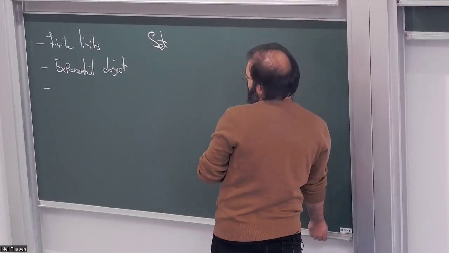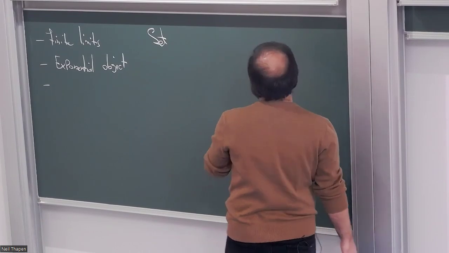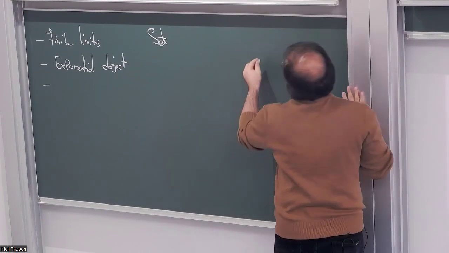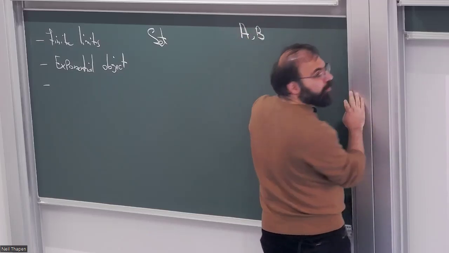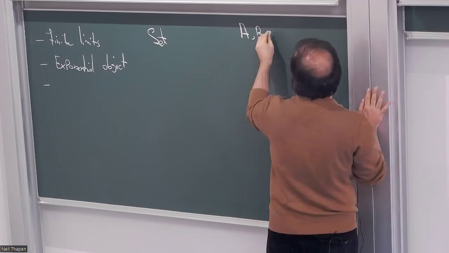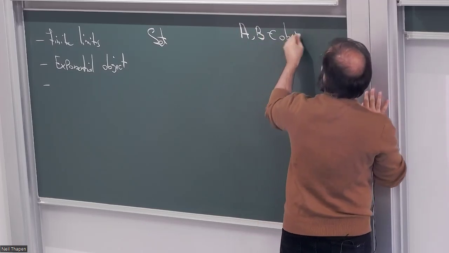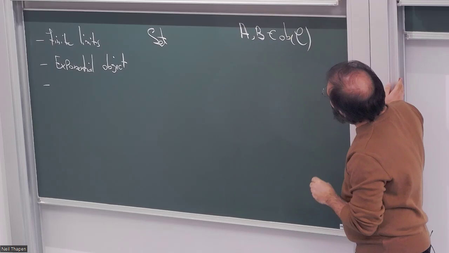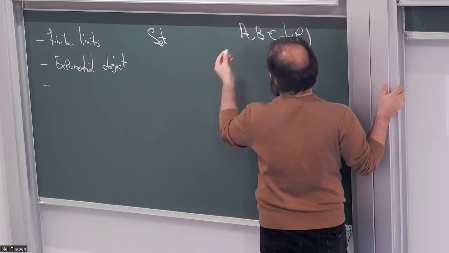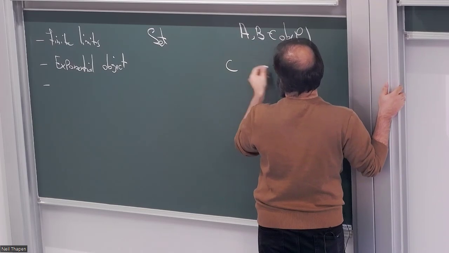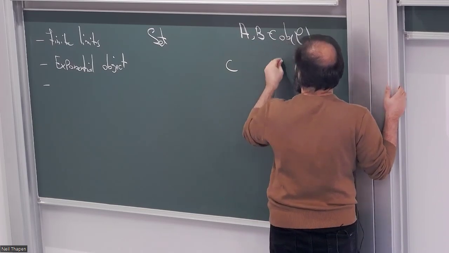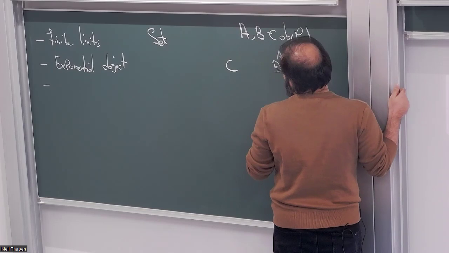I also wrote the definition. Let's say I have a category and two objects, A and B, and the object C, whose interpretation is B to the A.